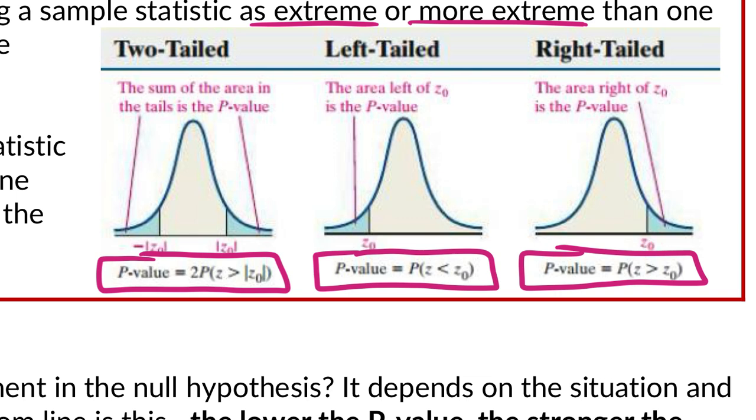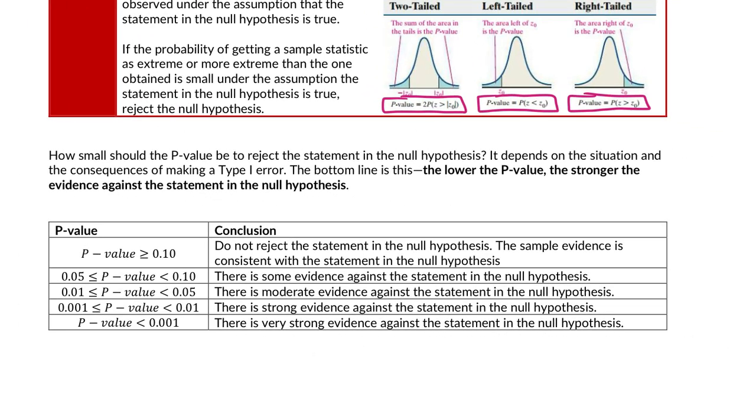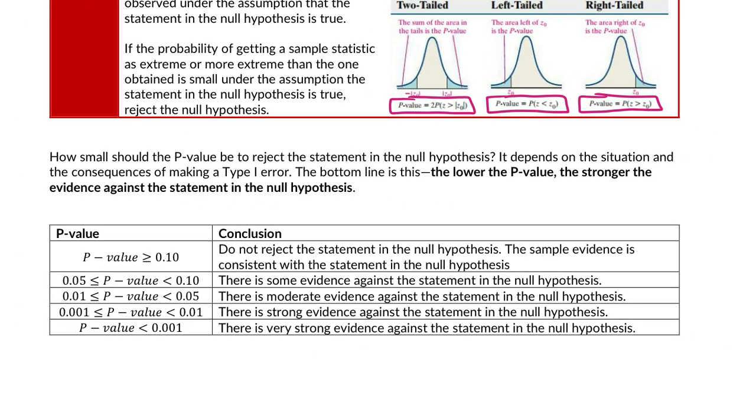Basically what we're trying to figure out is, would it be unusual to obtain a sample proportion of p hat, some value, or higher from a population whose proportion is known? How small should we make the p-value to reject the statement in the null hypothesis? It depends on the situation and the consequences of making a type 1 error. If the consequences are high, we're going to have to use a different cutoff than if the consequence of being wrong is minor.